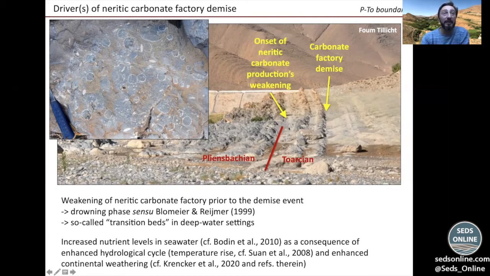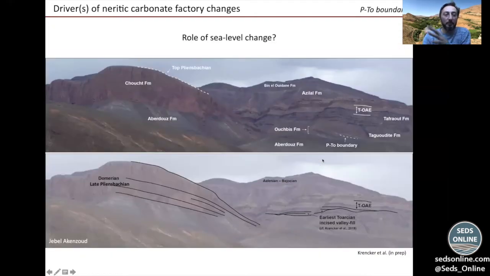But then we also know that because we still have some limestone beds, it was still producing carbonate. So that is not what has caused the shutdown of the carbonate factory. The shutdown of the carbonate factory is here. So what's the consequence? And here we really think that sea level has a big role to play.